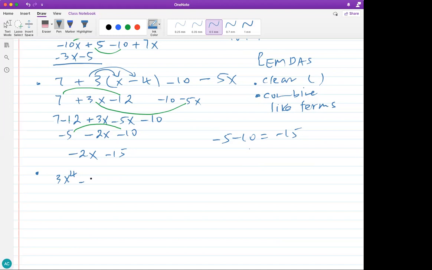Let's say you want to combine this plus 5x to the second. Here's another expression with a bunch of terms, variables, different powers. So, do we have a like term to the first one?